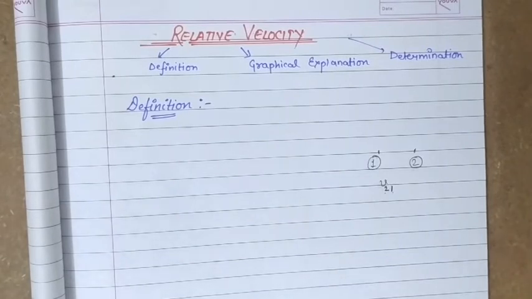When we define simply the velocity, then we say the rate of change of position. There we don't mention with respect to what, but here we are defining relative velocity, so we have to mention with respect to this moving object.